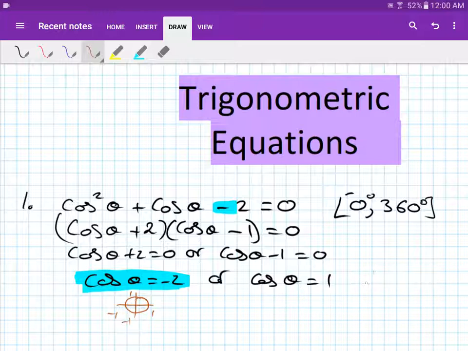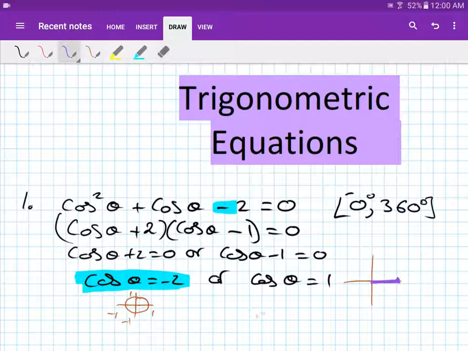Cos theta equals 1. Positive will be this quadrant and that quadrant. Now, if you go inverse cos 1, what happens? Yes, 0, right? So the reference angle is 0. So in fact, it's just on the line.